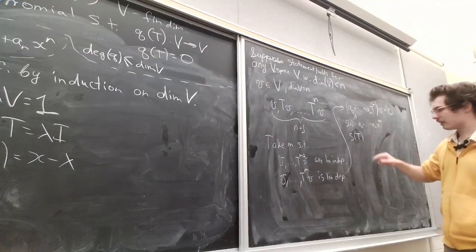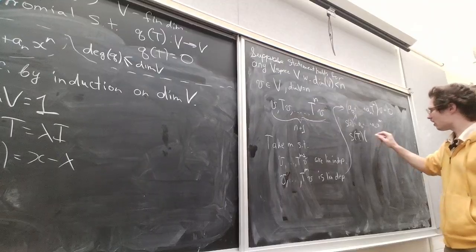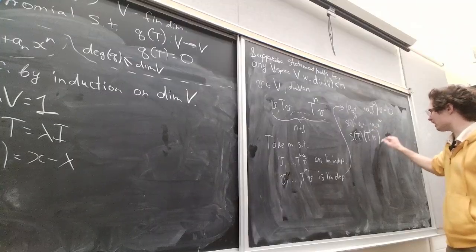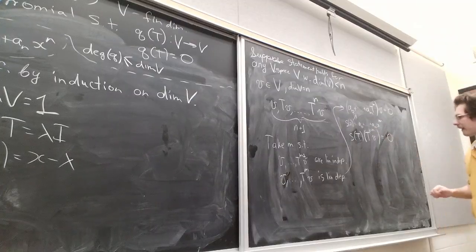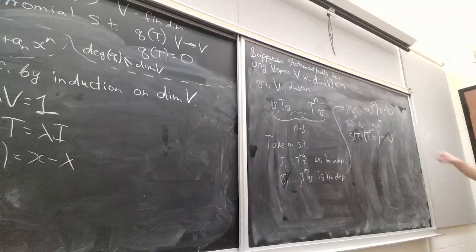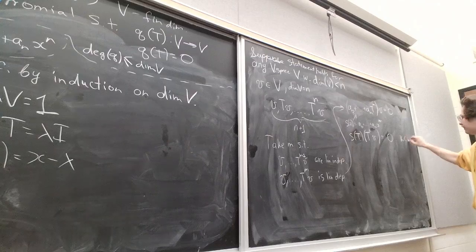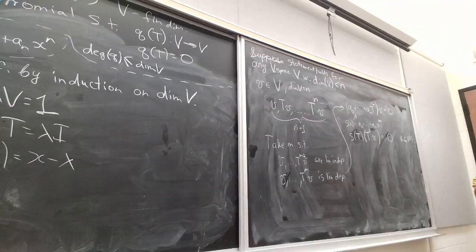If I act s of t on any vector T^k v with k less than m, I will always get 0. So k less than or equal to m, I mean T to the power of k. Do you agree? Why is that the case?